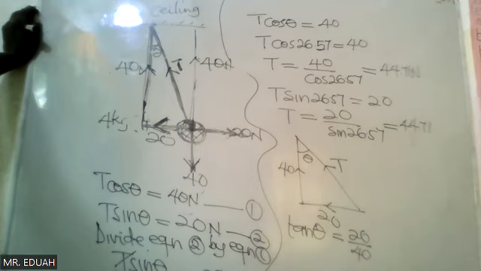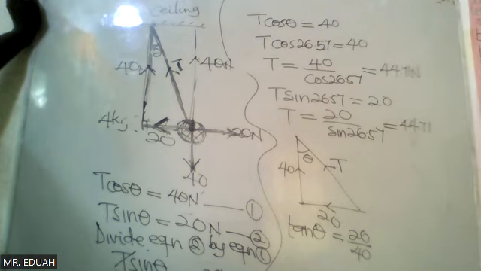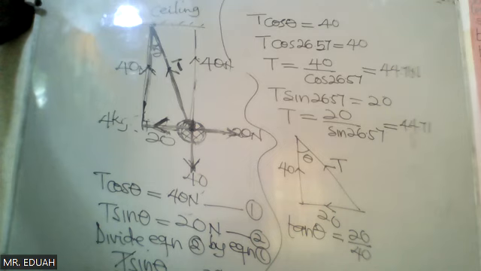Example 11. A body of 5 kg is placed on a smooth plane that is inclined to the horizontal at an angle 30 degrees. Calculate I, the reaction force perpendicular to the plane, II, the resultant force acting down the plane, and III, the acceleration of the body.